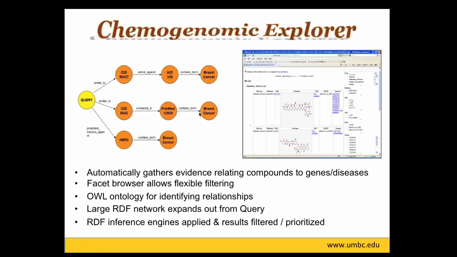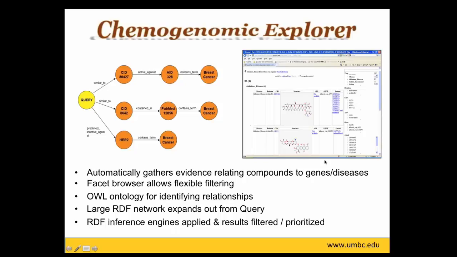So this is the motivation. So we built an ontology to identify and present these relationships, and a large RDF network can be expanded out starting from the query, and an RDF inference engine can be applied, and results can be filtered and prioritized.